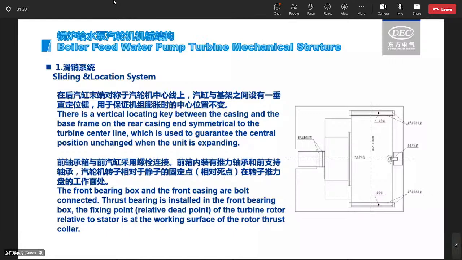There are balance holes in the wheels of stages 1 to 6, to reduce the axial thrust of the rotor caused by the pressure on both sides of the wheels.